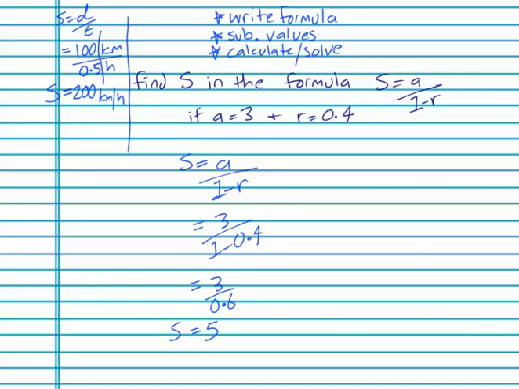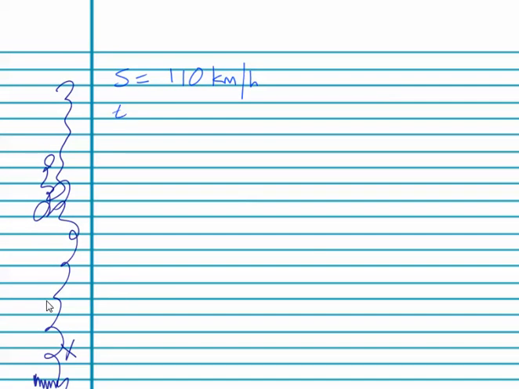The next thing we can do is calculate a value that isn't the subject of the formula. And a really useful one is when we know how fast we're traveling and how long we've been traveling for, we could calculate the distance we've traveled. I'm sorry, this page has scribbles on it. I'm not sure why. So, if speed equals 110 kilometers per hour, and I've been traveling for 2.5 hours, find the distance.